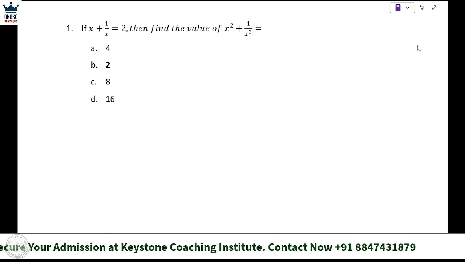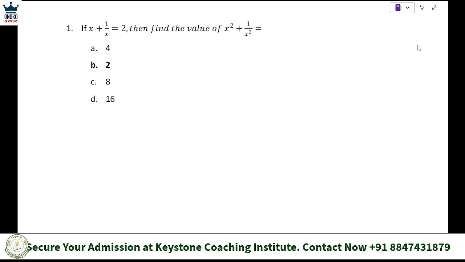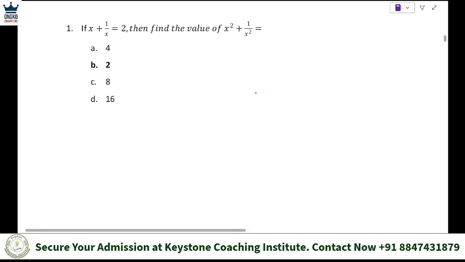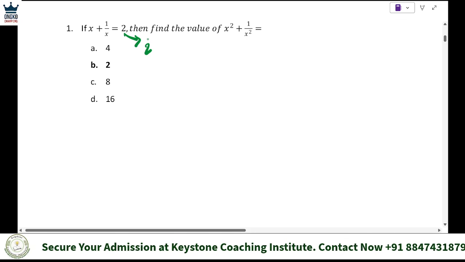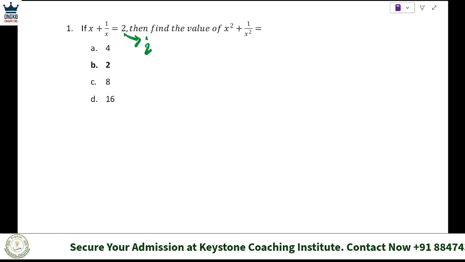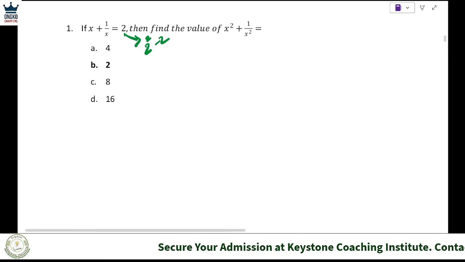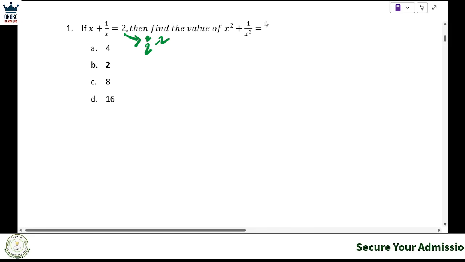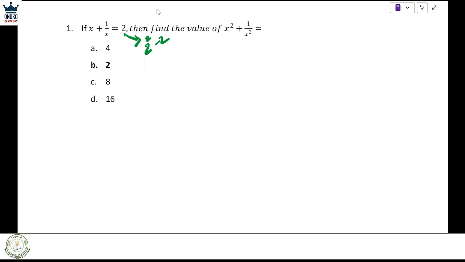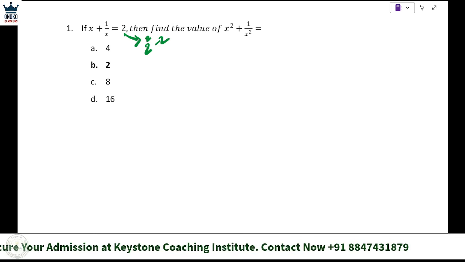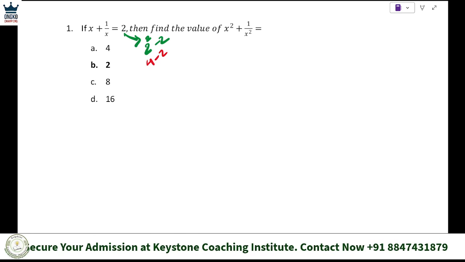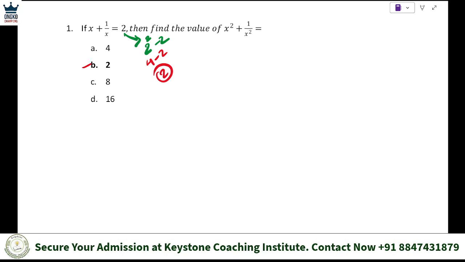Whenever you see this in terms of square, just square this one, that is 2, so 2 square minus 2. 4 minus 2 is 2. So the answer is 2.